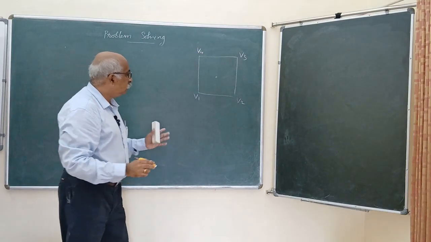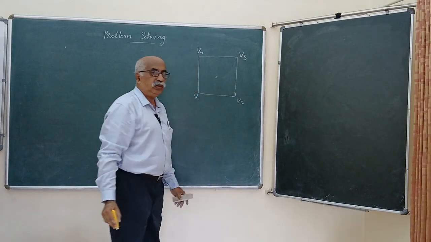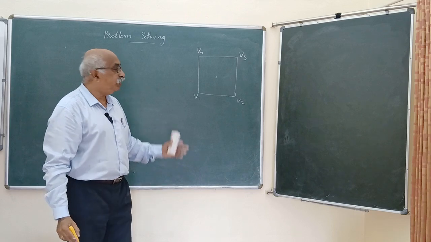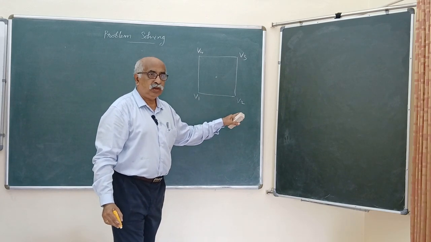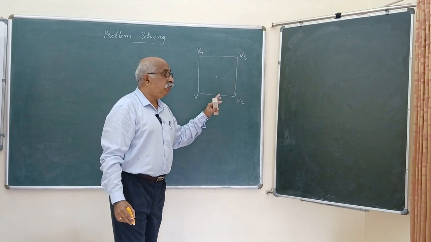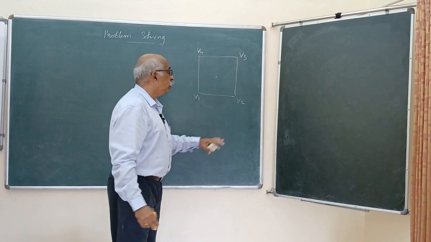Then, as the side length is not given, it is arbitrary. So we can choose it as either A or 2A, which makes the analysis simpler, whether it is A or 2A.